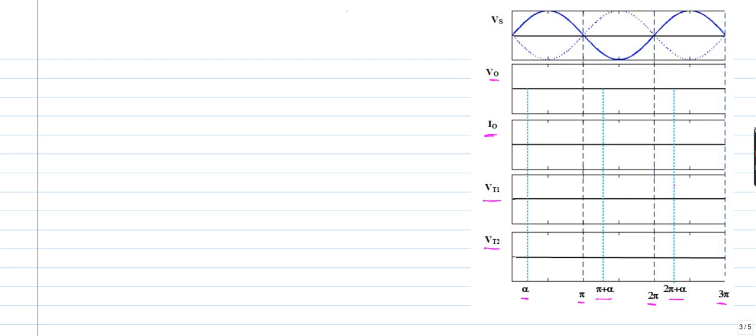Now we can divide this operation into different modes. Mode 1: from zero crossing to triggering instant, that means 0 to alpha.